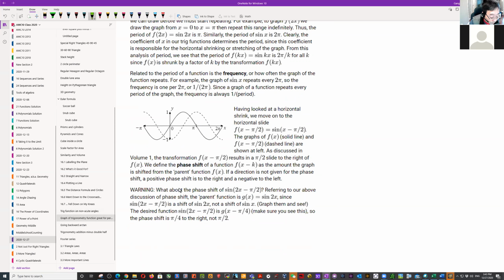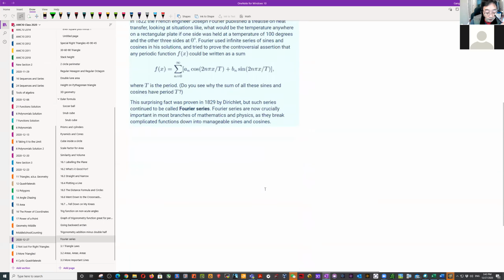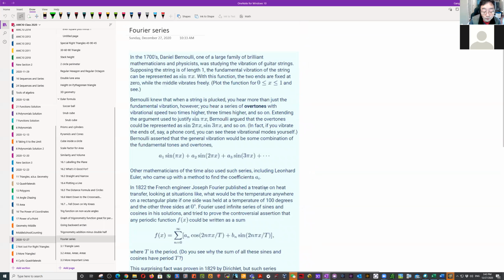Trigonometry functions are very useful in terms of studying vibration and seasons and repetition and everything with a period.